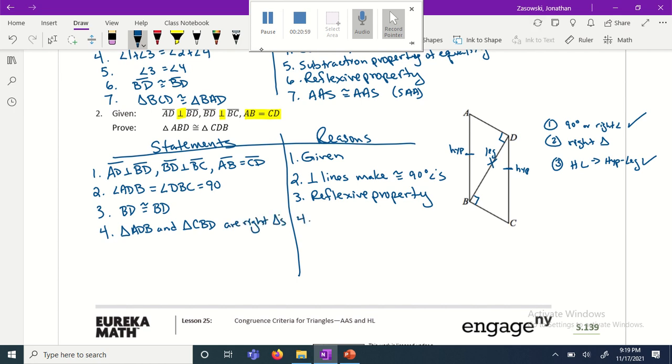The reason we're saying this is because in order to use HL, you have to have a right triangle first. We have to make that statement, okay? Seems a little ridiculous, but we need to say it. And then how do we know it, right? Because we have 90-degree angles, okay? So now we can say a triangle with a 90-degree angle is a right triangle, okay?